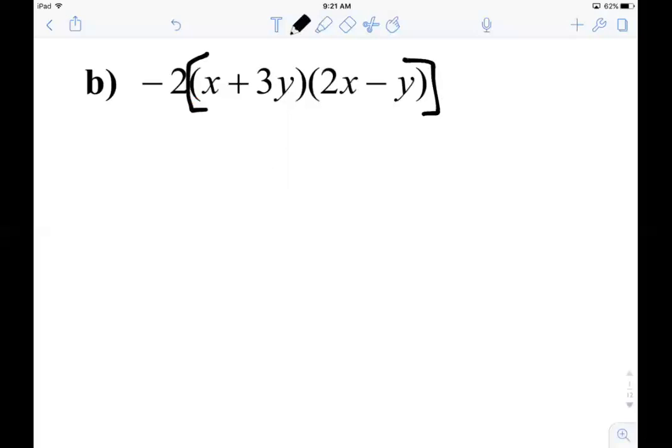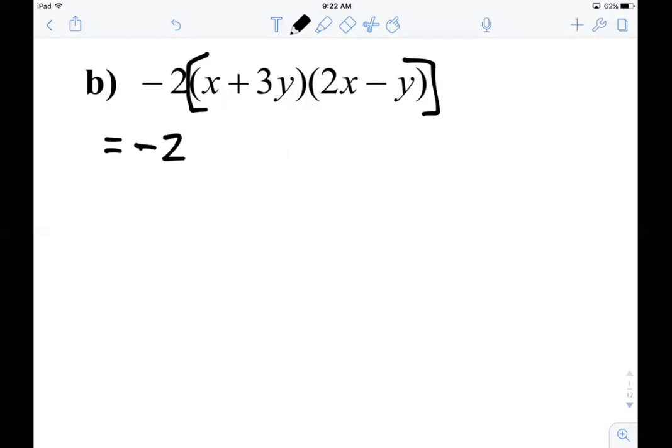So it's always best to do the multiplication of the binomials first and get that into its simplest possible form, and then we'll deal with that -2 out in front at the very end. So for now, we're just going to keep the -2. I usually say we're just going to bring it along for the ride. We're just going to keep it out in front, but not do anything with it just yet.